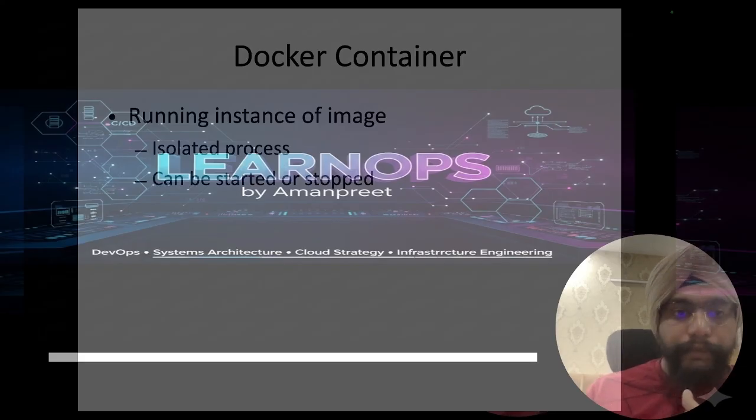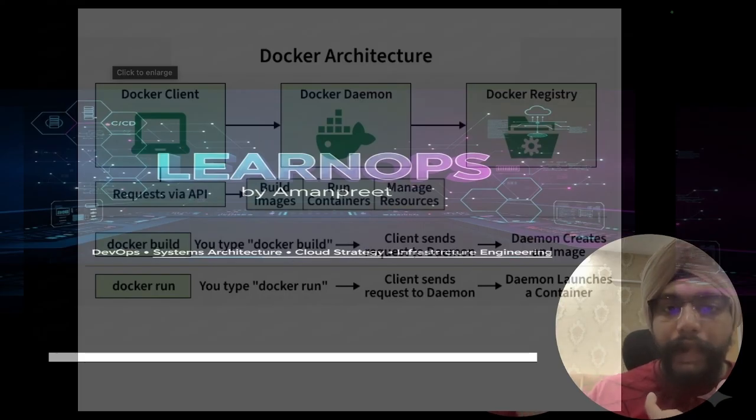Running the container: once the image is created, it turns into a container, a running instance and an isolated process, which can be started or stopped. So this is the Docker architecture. The Docker client, Docker daemon, and Docker registry work depending upon the request via API. So you build the image, run the container, and manage the resources.